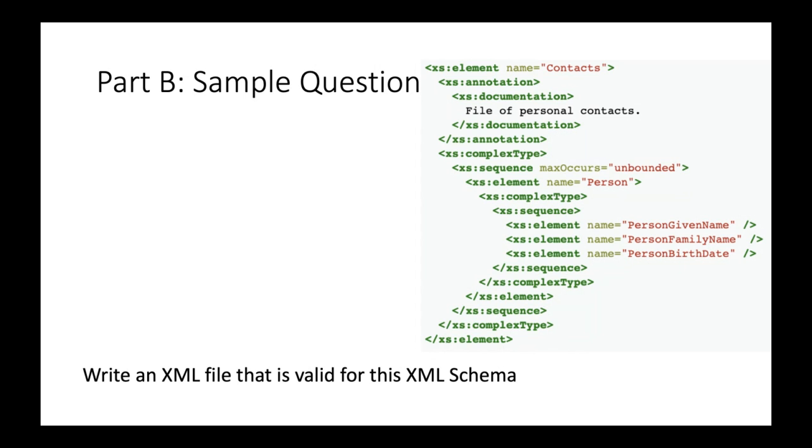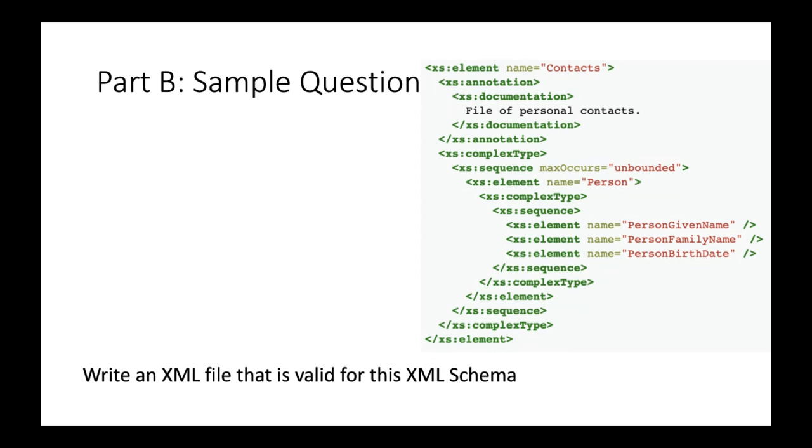So for this one, the answer should be the same. Remember that you see annotation up there for this question. Ignore the annotation. Why? Because annotation is the part of the XML that is only for the reader to use, so it doesn't have anything to do with the XML document.